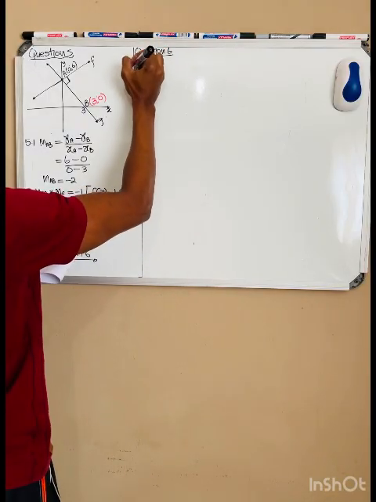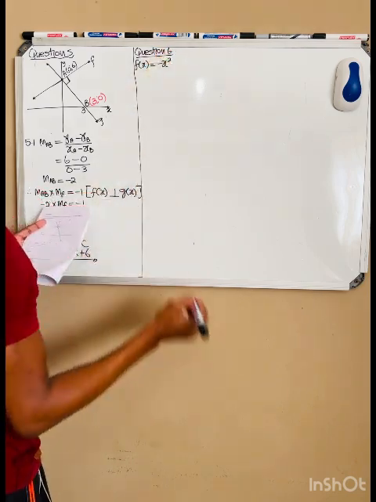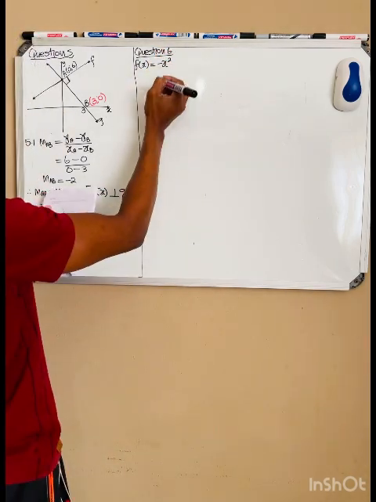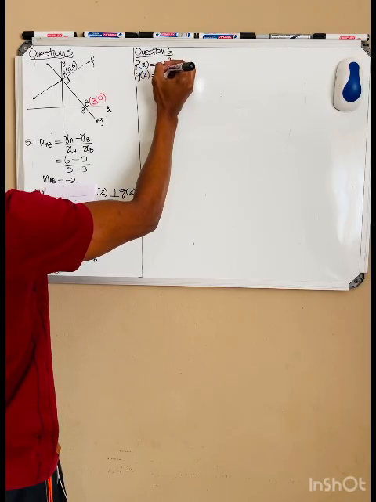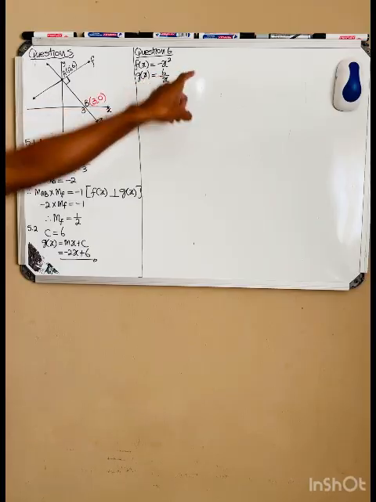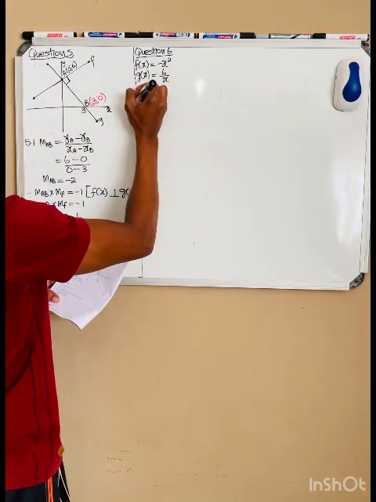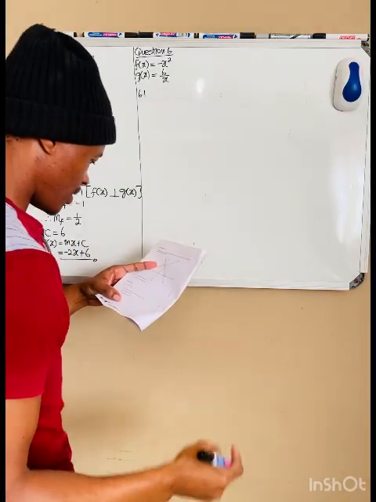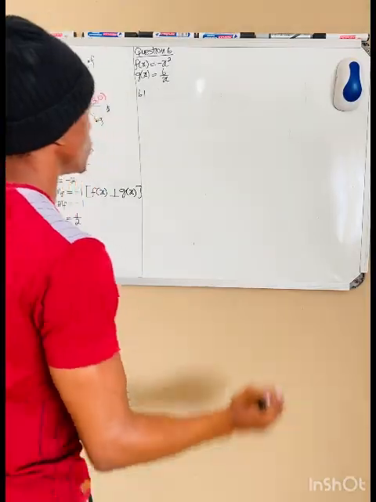Question 6, they are saying that given f of x equals minus x squared, this is a parabola whereby the value of a is negative, concave down, then g of x equals 6 over x. So this is a hyperbolic function where the value of q is 0. Then they say 6.1. On the same system of axes, sketch the graphs of f and g.